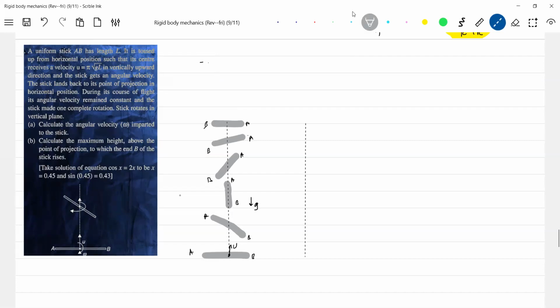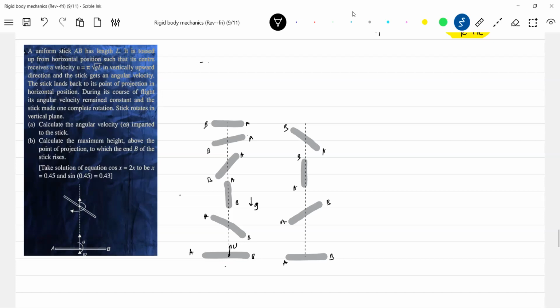So the next point will be E. This is B. I think I explained everything through the diagram.